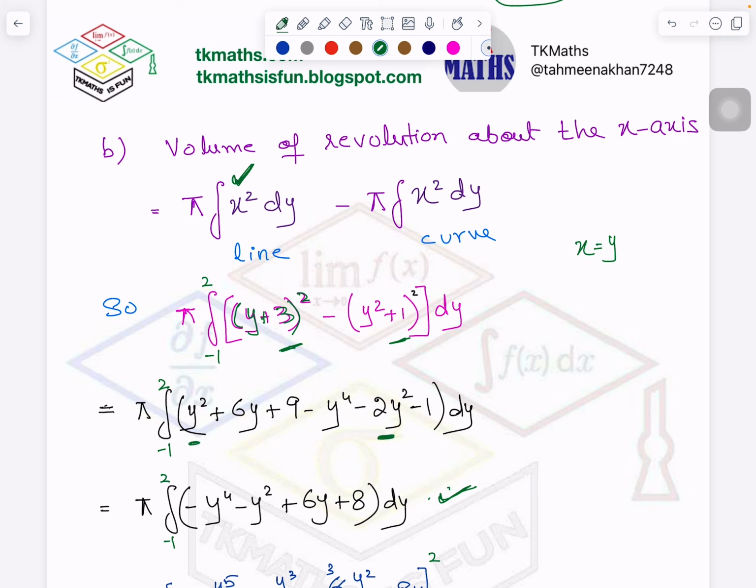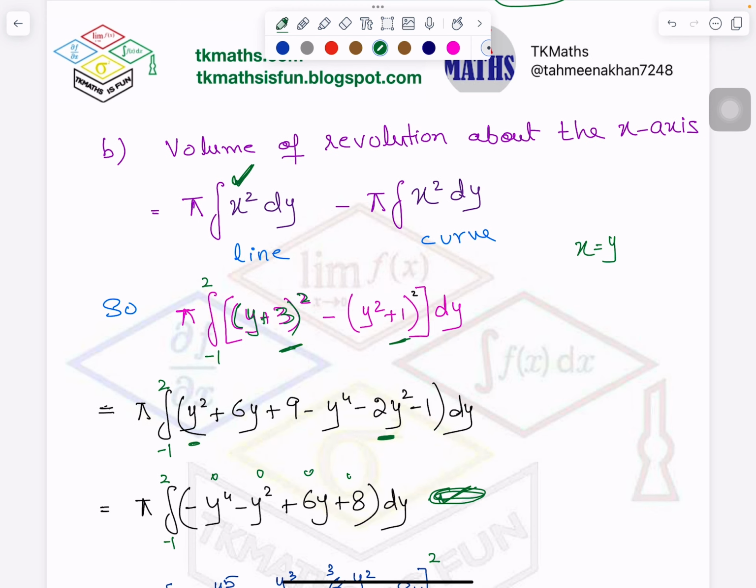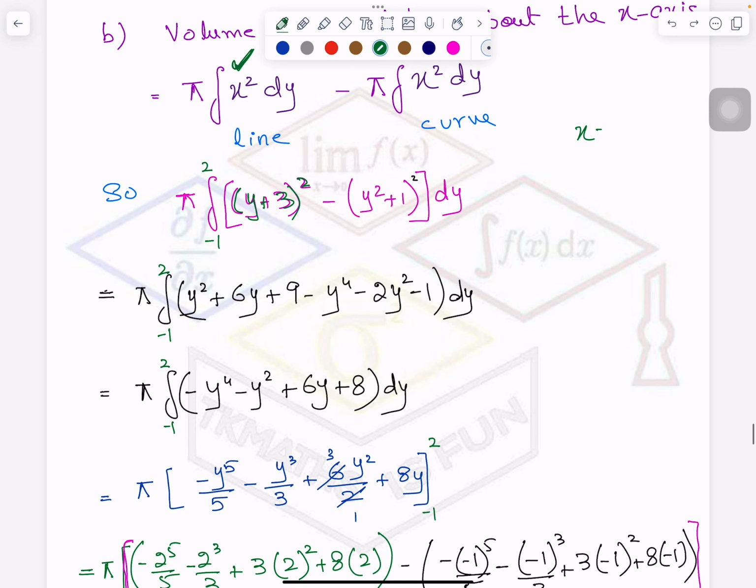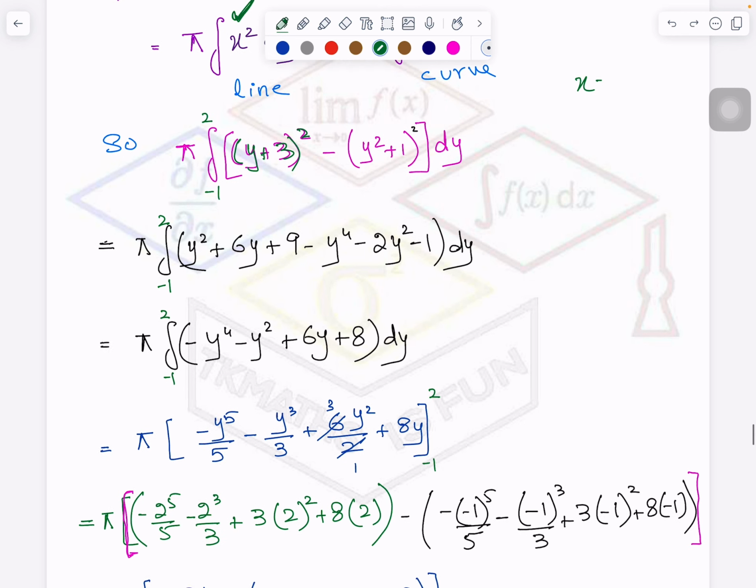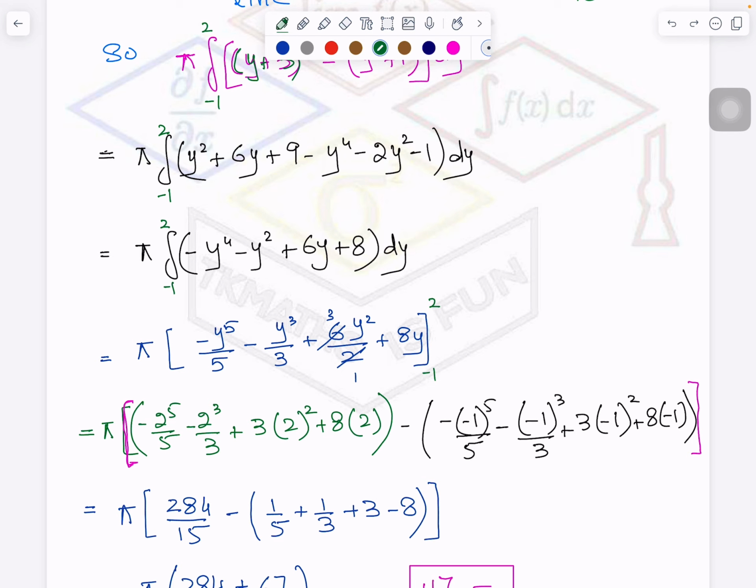Now in here it is in the proper form, and now I will integrate it. So integration on 4 terms, 1, 2, 3, 4. In all these 4 terms, I will apply the integration. Okay. So here is the integration, and then I am applying the limit, upper limit minus lower limit.